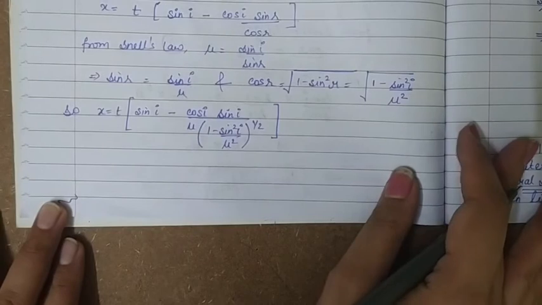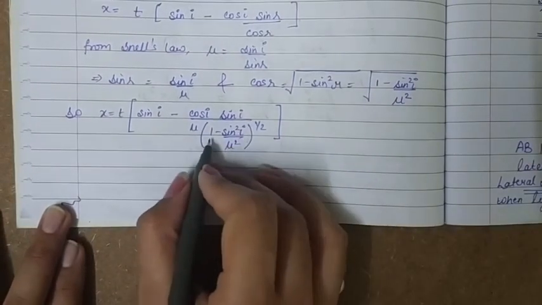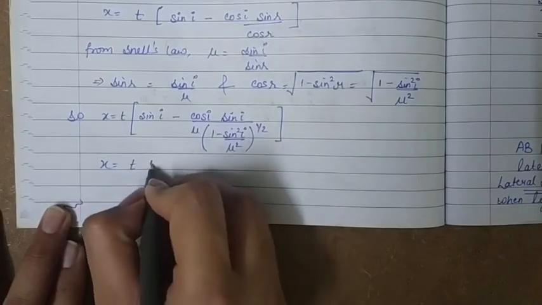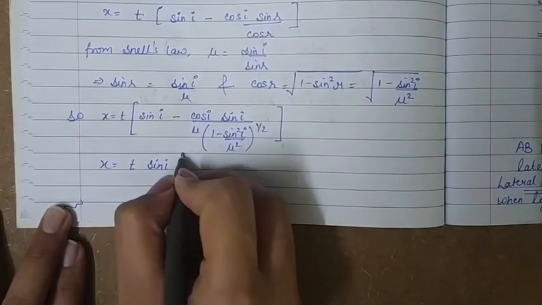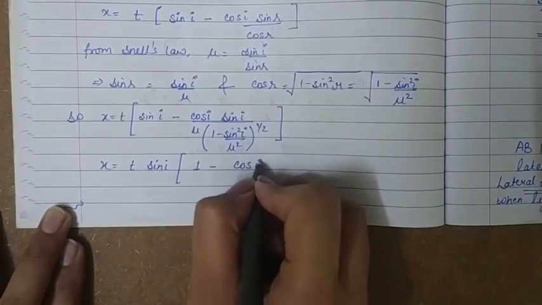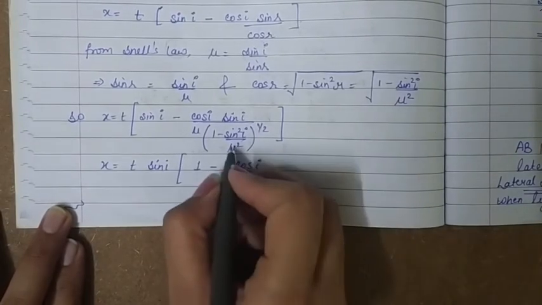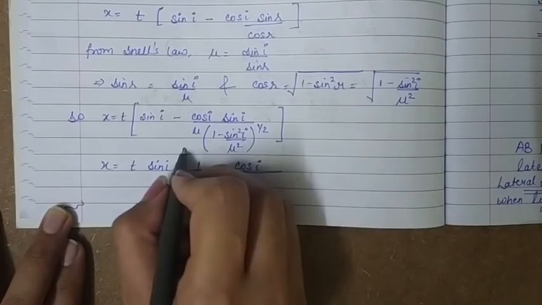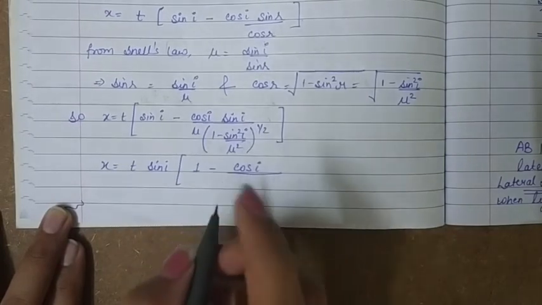Now we can also solve it by taking the LCM here. So we get x is equal to t sin I common, and within the bracket it is 1 minus cos I upon the LCM of mu square, which will be mu square in the denominator, and when we take it common, mu square to the power half will be mu.